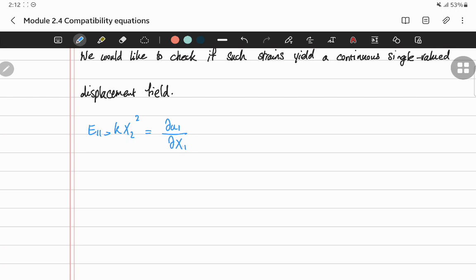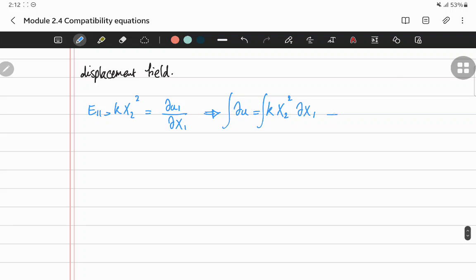So if I take this partial derivative to the other side and integrate over the domain, what I get is u1 is equal to kx2 squared x1 plus a function, I call it f1 for example, which is dependent on x2 and x3.